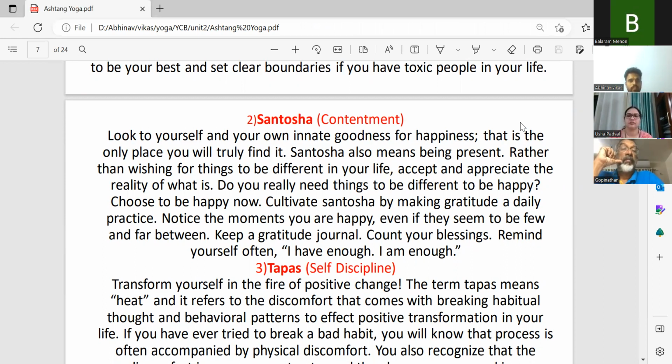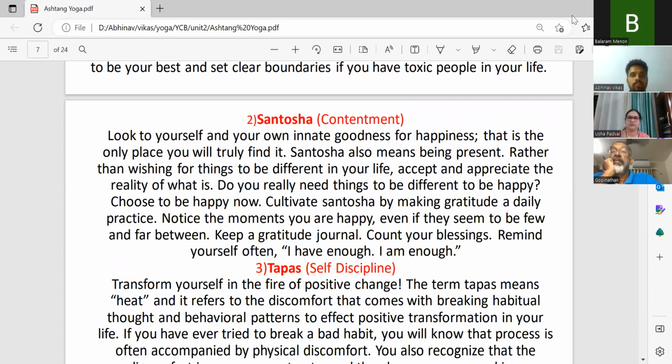Look to yourself and your own intent, goodness, for happiness, and that is the only place you will truly find it. It is saying, look to yourself. It is not saying you will get happiness from things.